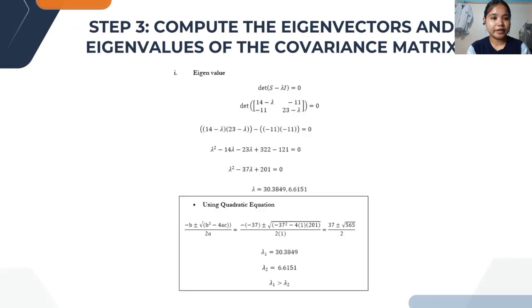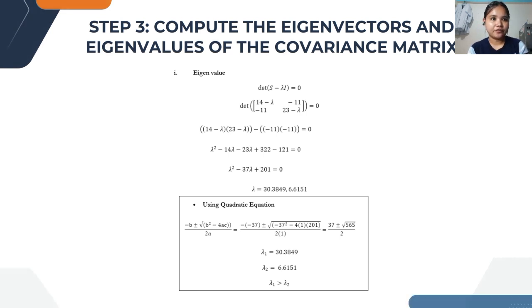Since we are done with the covariance matrix, we proceed to step 3, which is computing the eigenvalues, eigenvectors, and then normalizing the eigenvectors. When we compute the eigenvalues of a covariance matrix, we are essentially solving a characteristic equation. This equation is derived from the formula: determinant of A minus lambda times the identity matrix equals 0.